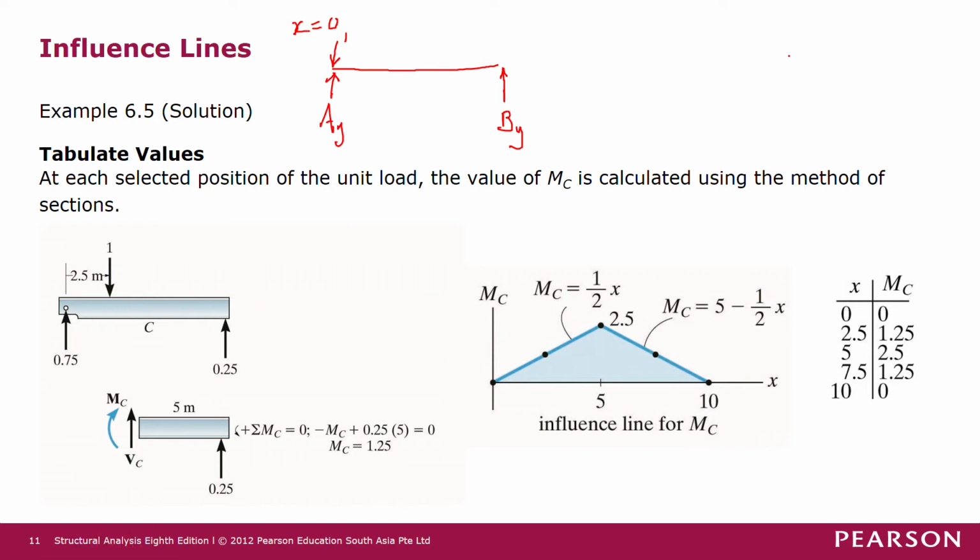In this case, when we cut across a section at C, we get a free body diagram that looks like this. We know that this support reaction AY is also 1, and this distance is 5 meters.